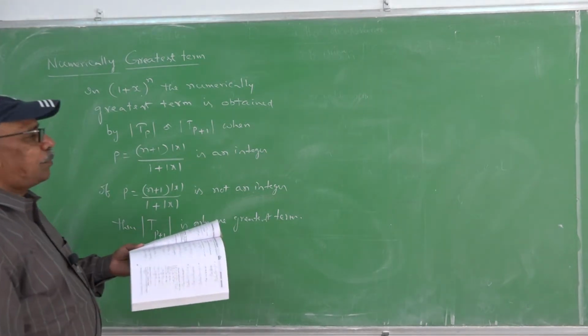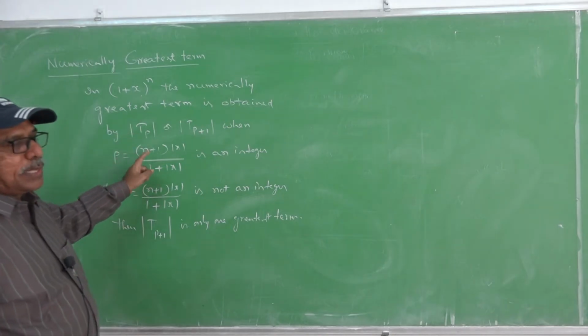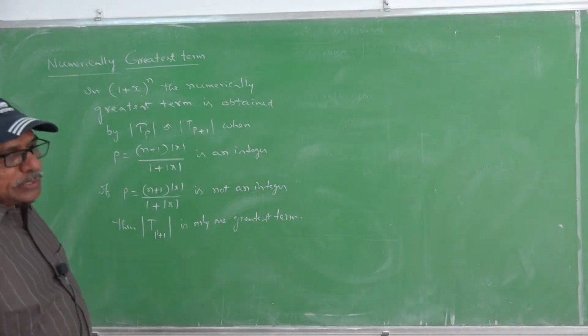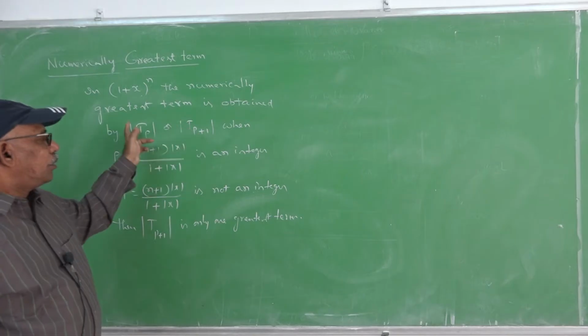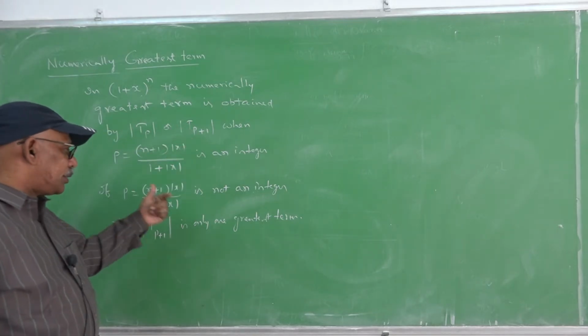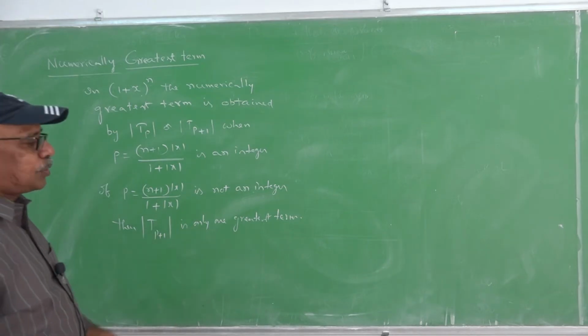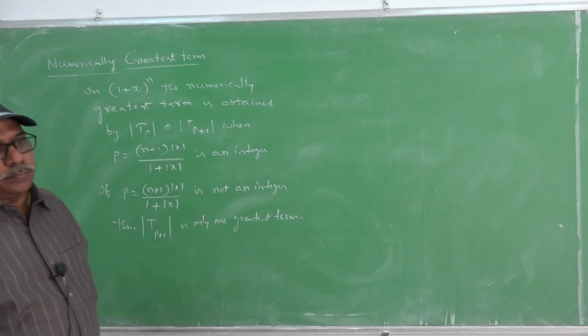So, in case of (1 + x)^n, you have to consider (n + 1)|x| / (1 + |x|). Once it is an integer, we have two greatest terms, either this or this. In case that value is not an integer, |Tp+1| is the one and only greatest term.